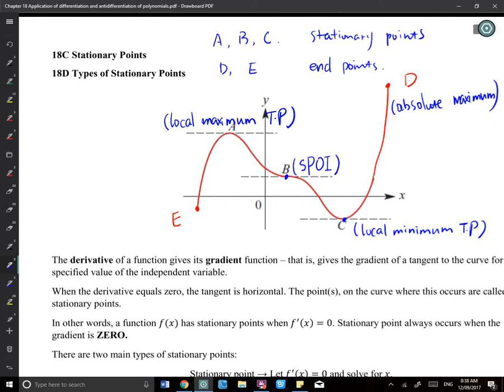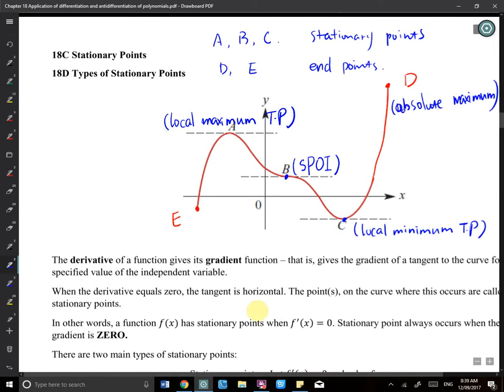A is called the local maximum because A is a turning point. About that area, that is the maximum. But look at the whole graph: D is the highest point. So D is called the absolute maximum.